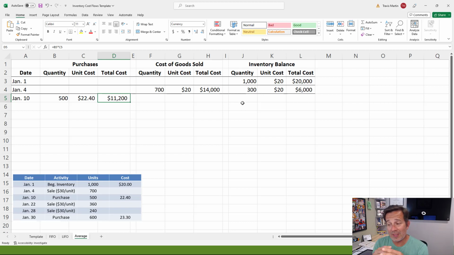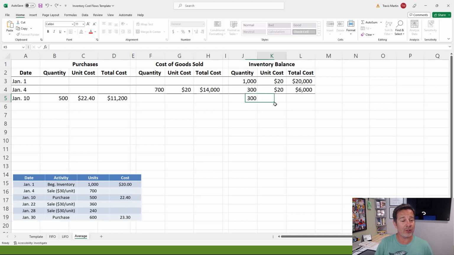So here's where the averaging comes into play. Every time we buy inventory, we have to make a new average per unit cost. So we start off with 300 at $20, $6,000 in that layer, and 500 at $22.40, $11,200.